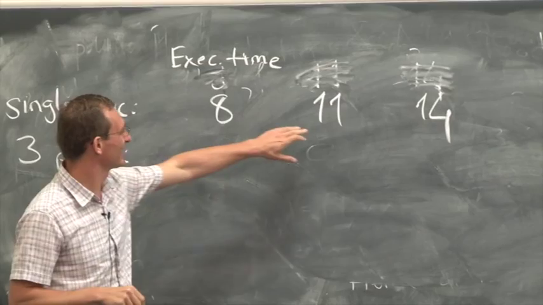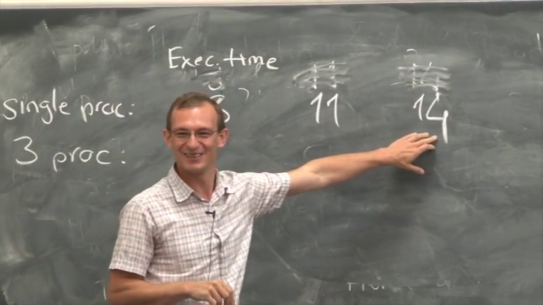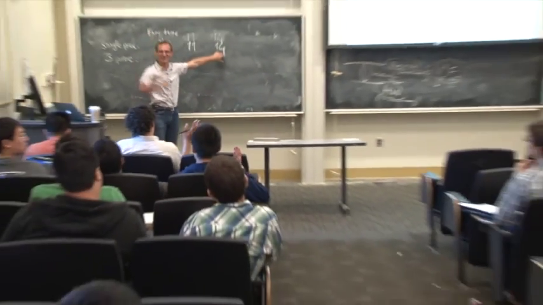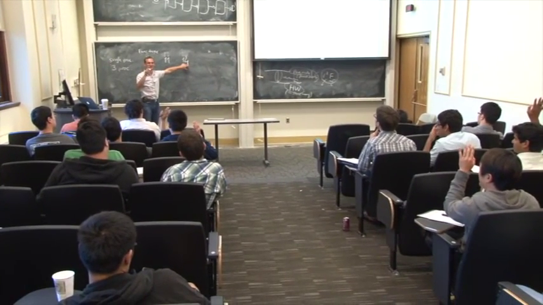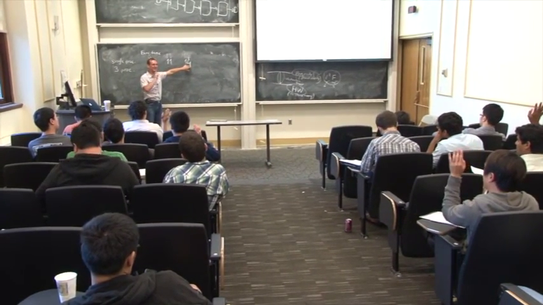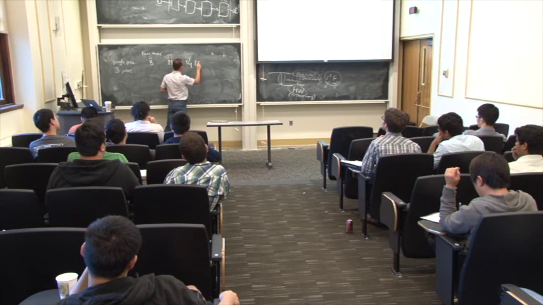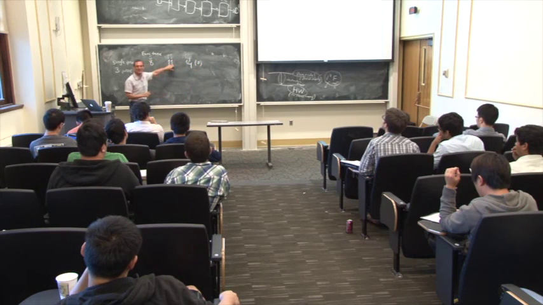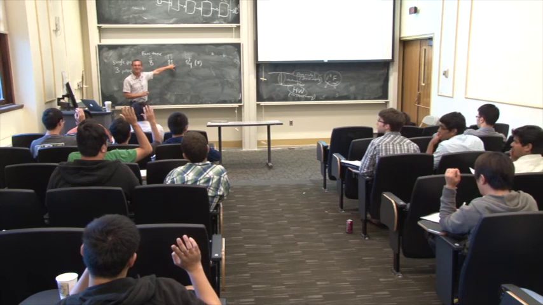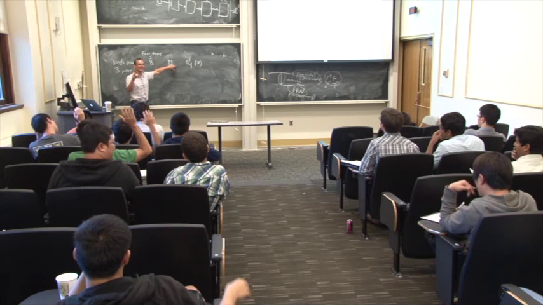How many people say 14? Raise it up. 1, 2, 3, 4, 5, 6, 7. You say 14? Okay, I'll do 7. This is kind of an odd way. How many people say 11? 1, 2, 3, 4. That's it?